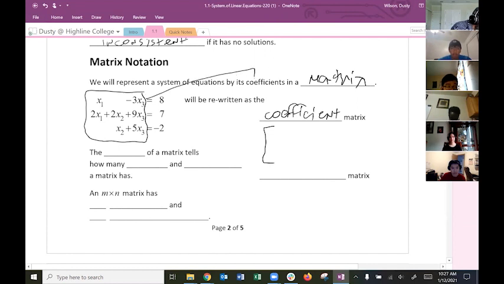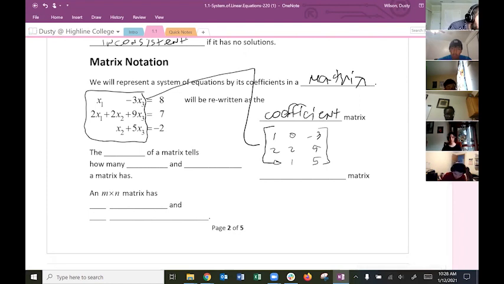I have to erase that in a second. So my coefficients on the x, for the first equation, will match with the first row. So I'll have 1, 0, -3, and then 2, 2, 9, and then 0, 1, 5. So that will be my coefficient matrix for this particular equation.